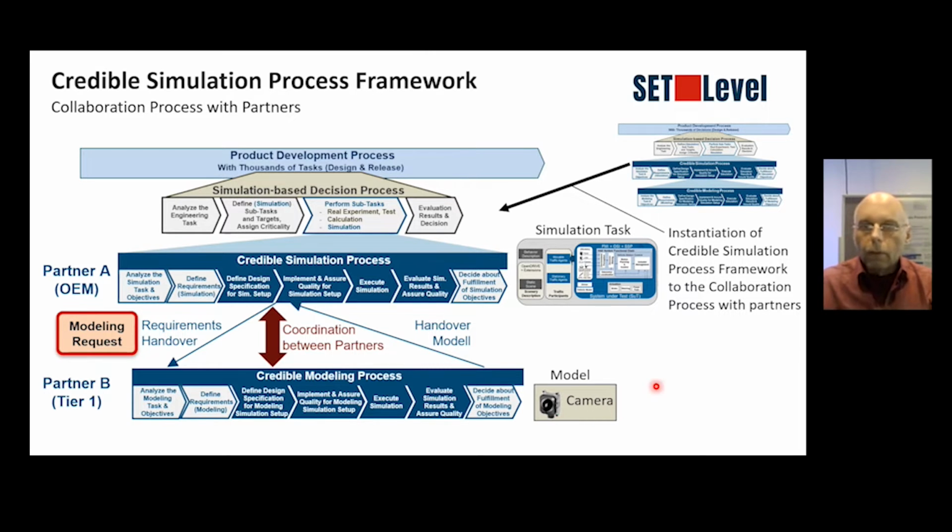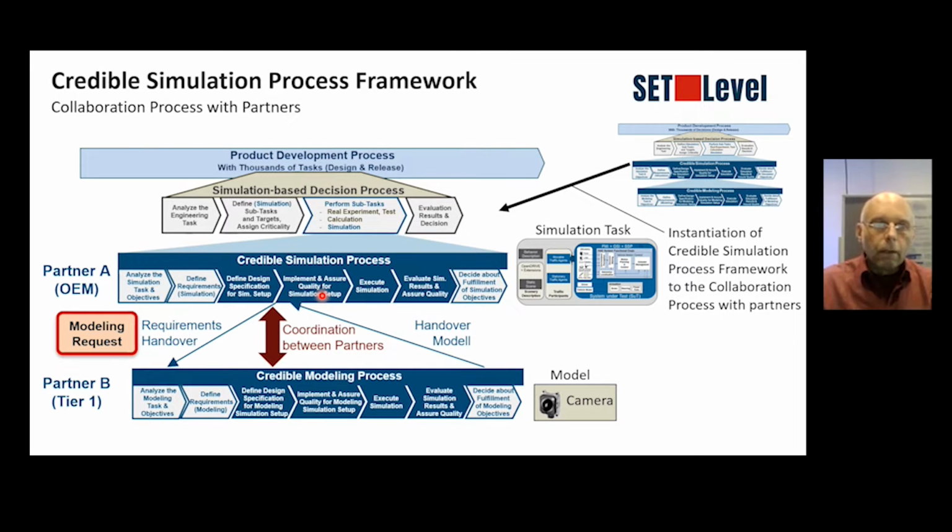Therefore he needs a camera, but if the camera itself is not available, he wants to use a model of that camera. So partner B, a tier 1, must get the information within the modeling request so that he can develop and deliver the right model, which can easily be integrated within the simulation process of partner A.